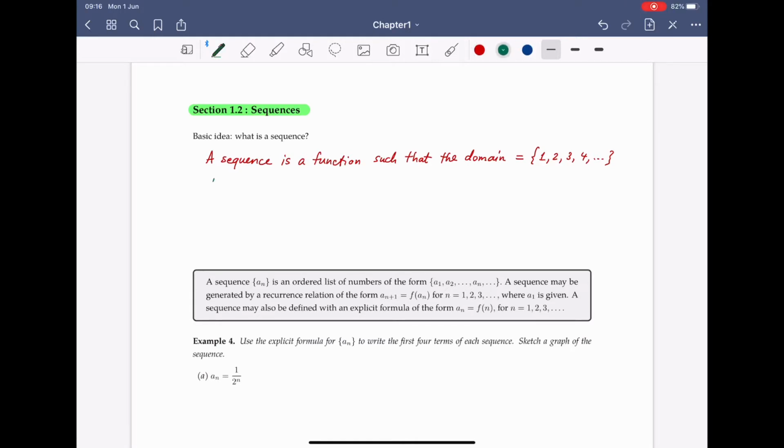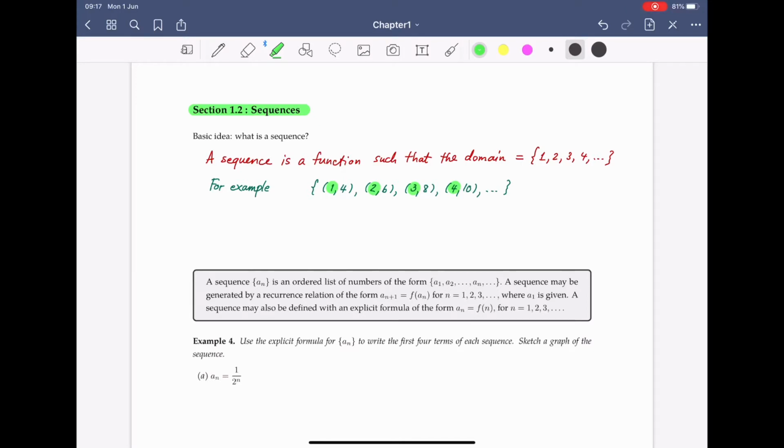For example, you could have a sequence, let's say an ordered pair (1, 4), an ordered pair (2, 6), an ordered pair (3, 8), an ordered pair (4, 10), and so on. So this is called a sequence, but you can see that it is redundant to write a sequence as an ordered pair because the first component is always 1, 2, 3, 4 and so on, right?